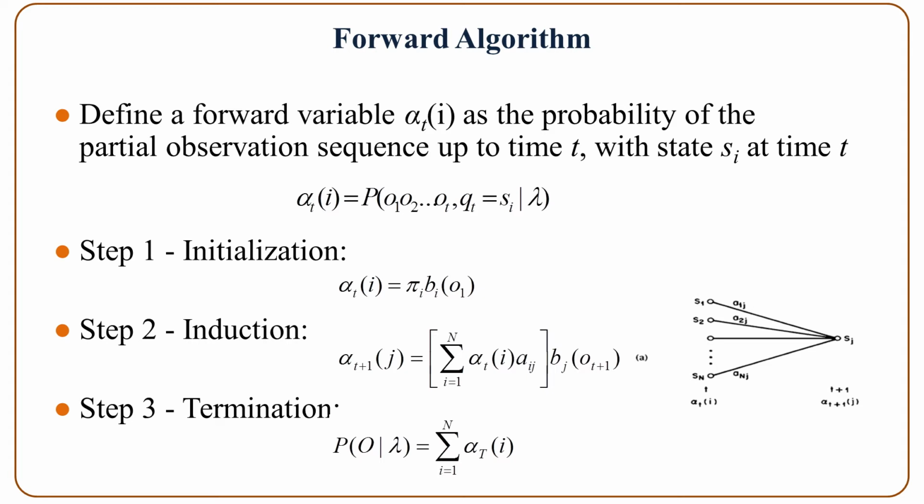In the forward algorithm, we define a forward variable alpha t of i, which is the probability of the partial observation sequence up to time t with state Si at time t.